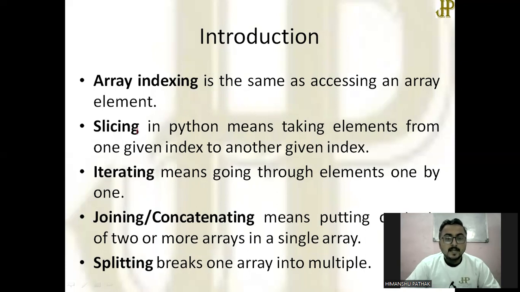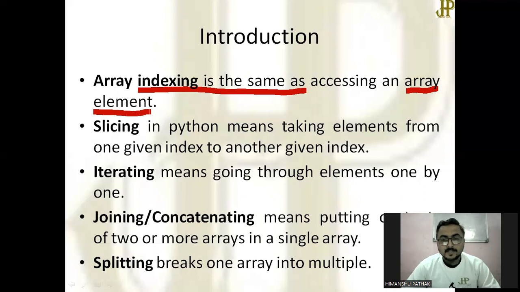Thus, array indexing is the same as accessing an array element. How to access? Array of 1st position, or array of 1st row, 2nd column if we are talking about a two-dimensional array. Clear? Now, what is slicing?